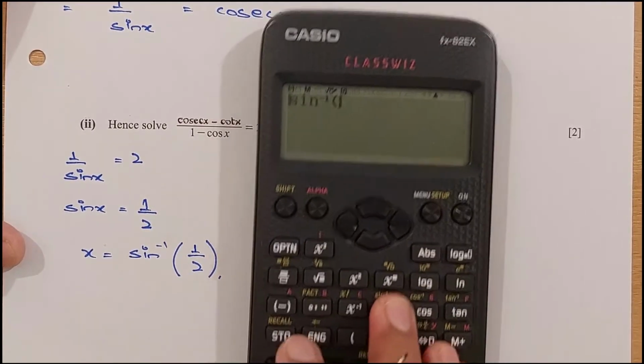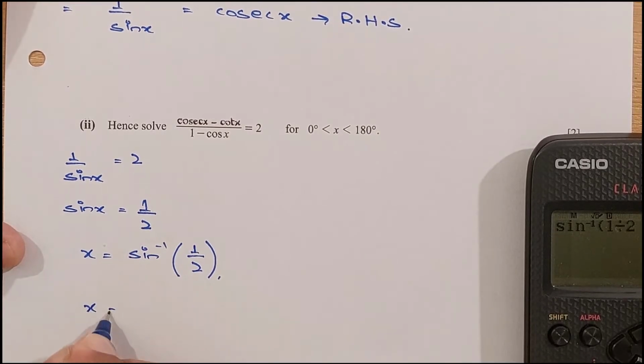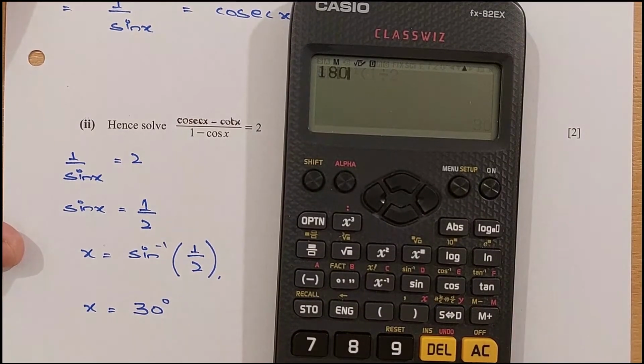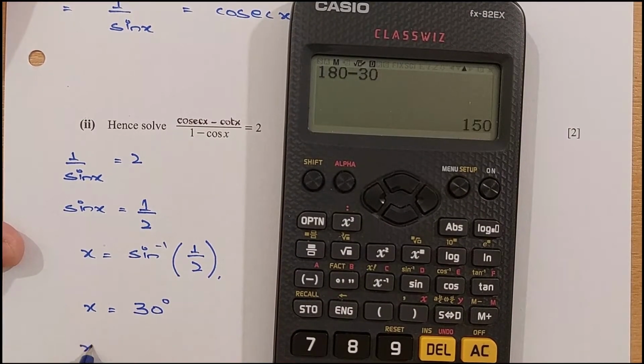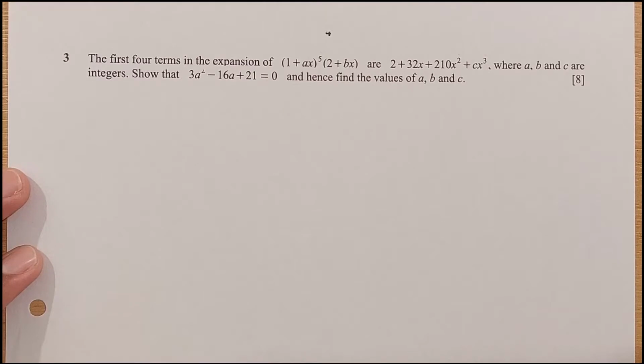Sine inverse 1 by 2 is 30 degrees. So x is 30 degrees and sine is positive in the first and second quadrant. For the second we do 180 minus 30, so 150. So x is 30 degrees and 150 degrees, and both belong to the domain between 0 and 180 degrees.